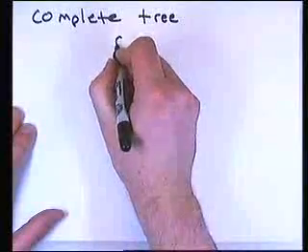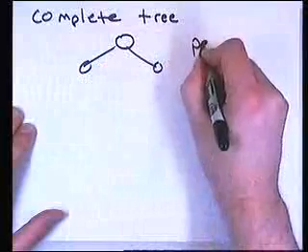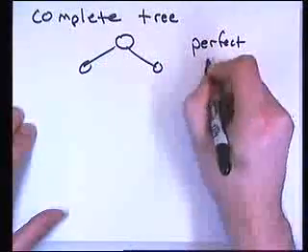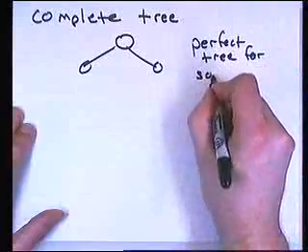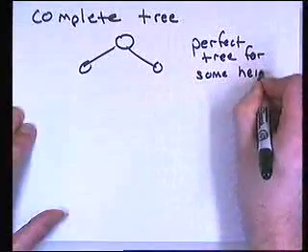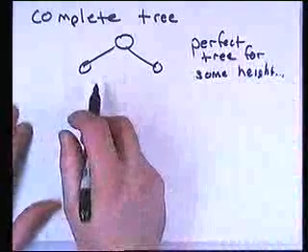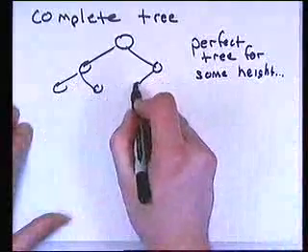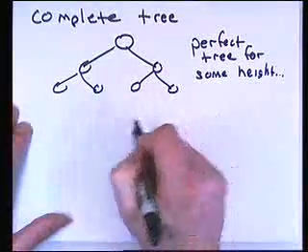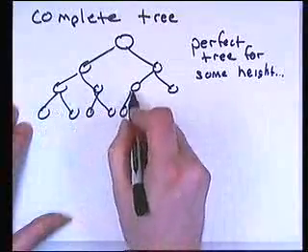The concept is that it's going to be a perfect tree of some height. A perfect tree is a tree with all possible nodes at that given height. So there's a perfect tree of height 1. There's a perfect tree of height 2. There's a perfect tree of height 3.